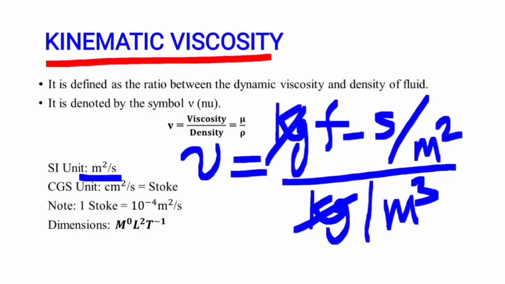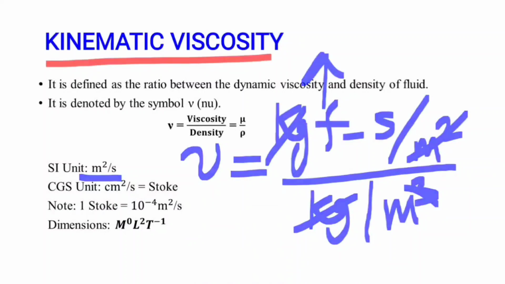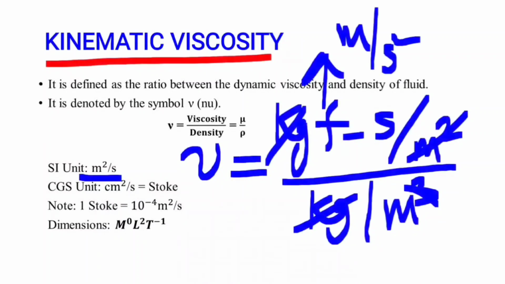Kg gets cancelled, meter square gets cancelled. F has units of meters per second square.